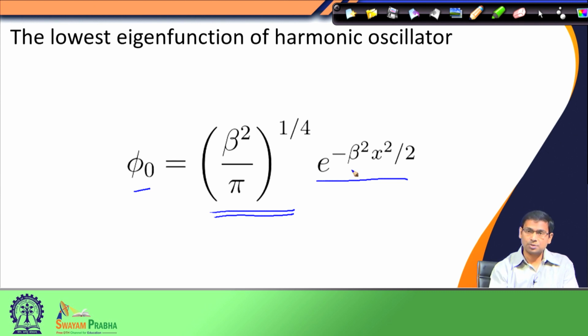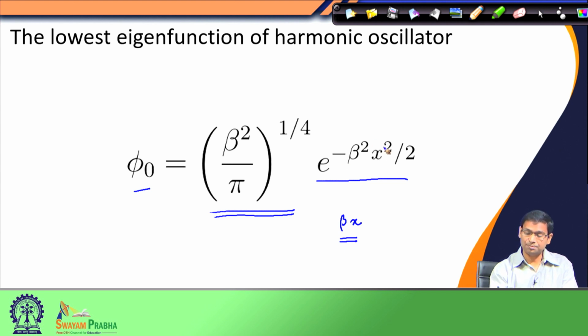If you notice one thing, the exponent of this exponential function has beta square x square. If you find out the dimension of beta, you will find that it has the dimension of length inverse. So, if beta is length inverse and I multiply x with it, then this quantity becomes dimensionless.